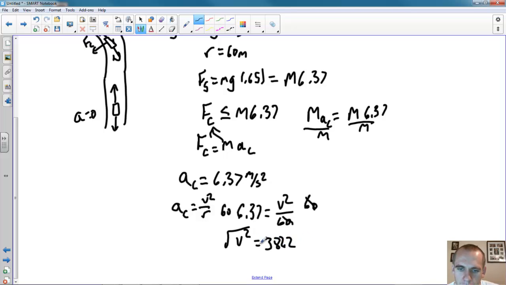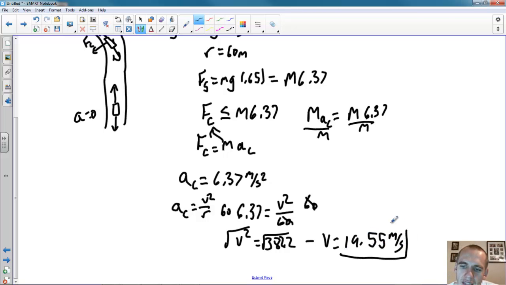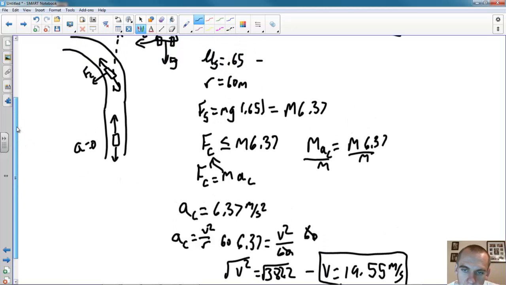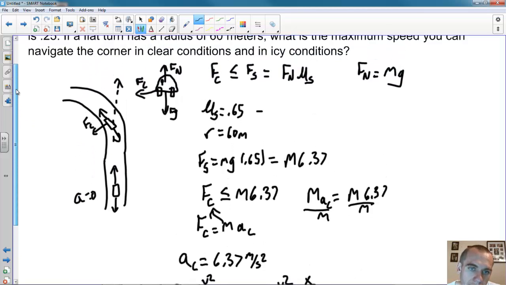If I square root both sides, the maximum speed this thing can navigate is v equals 19.55 meters per second. If it goes faster than that, the static friction force is not big enough to create a big enough centripetal force to keep it moving in a circle. So velocity is 19.55 meters per second on nice dry conditions.